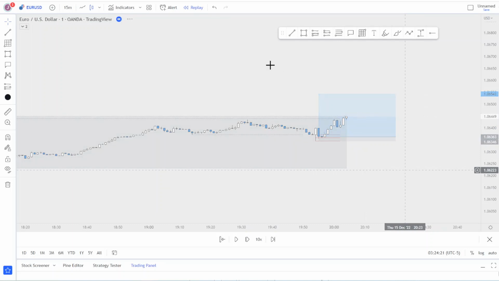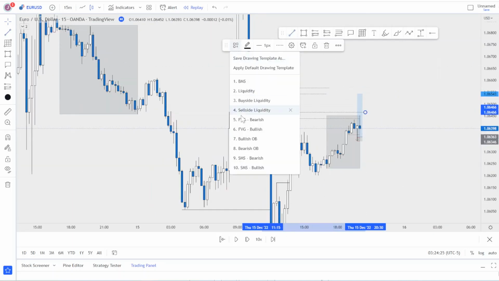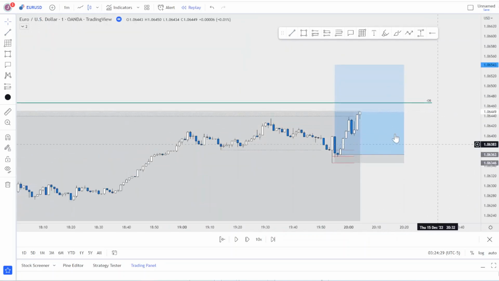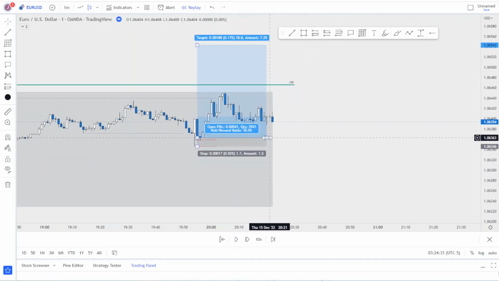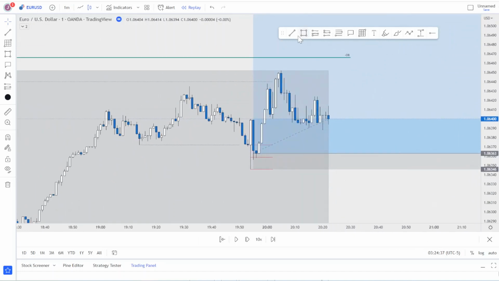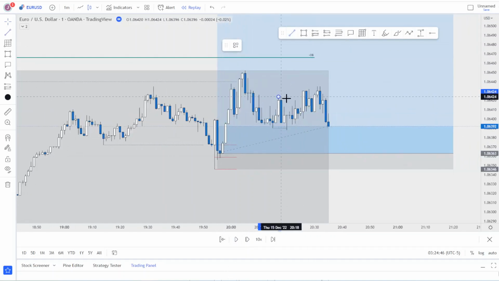We also had the 15-minute order block that I wanted to see if we get a reaction from. So price went here, went down a little. If I drag this out, what I saw was this. We had a sweep of this liquidity and a break of structure here.